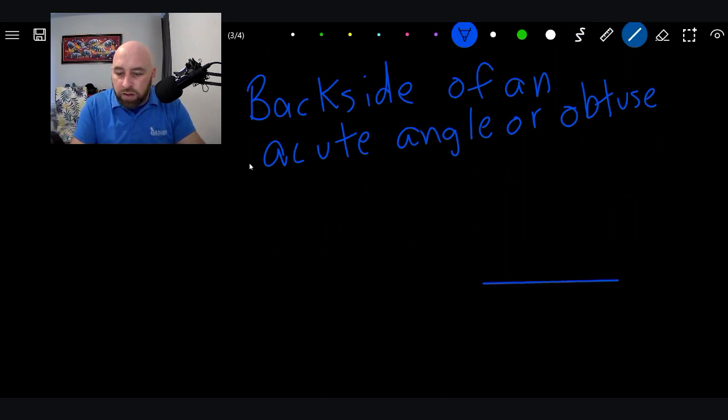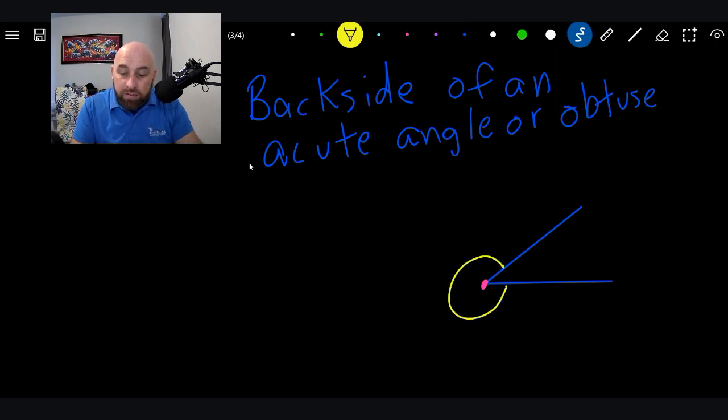So let's draw the angle. Let's put our vertex here, and let's just draw that. Now, this is the backside of this angle. This is how we draw a reflex. Let's call this a 30-degree angle.